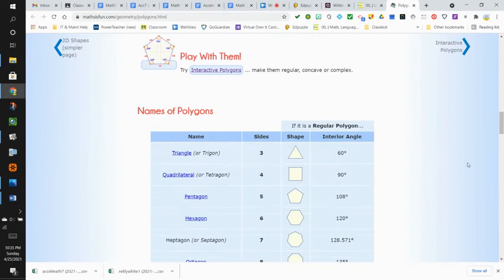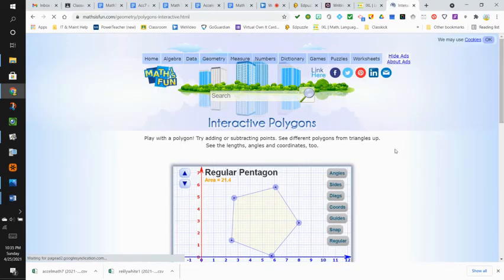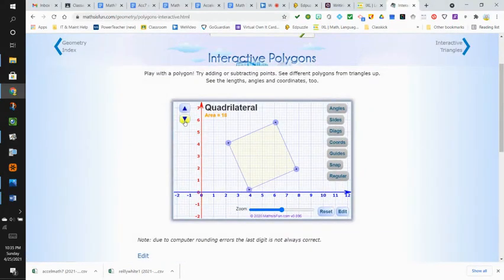Then I have this cute little interactive thing where you can take any shape, that you can add to the sides by these arrows here. Like take a hexagon, and then you can drag the points around, and it says, oh, that's a concave hexagon. Or you can make it whatever you want, any kinds of strange shapes, or you can change it automatically to a regular hexagon, and expand that around a little bit.